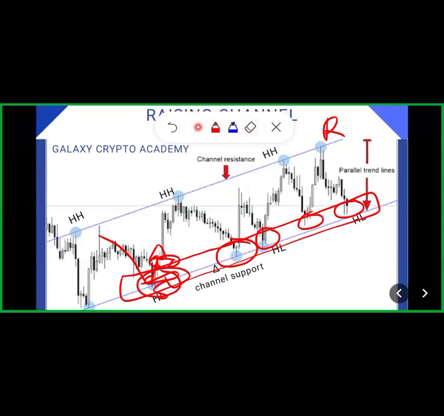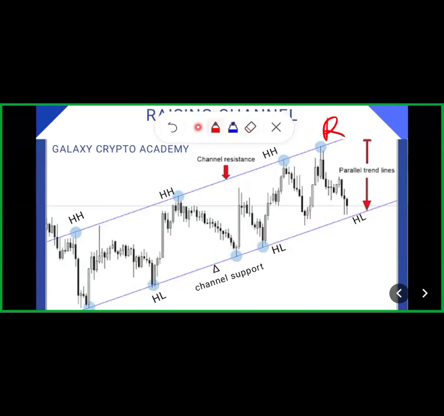Like for example, if you check here, this was confirmed by the formation of that hammer candle. So it gives you confidence. Okay, the price, this should be, it is not, but should be a reversal point. It should be the end of this movement that I was seeing, that downtrend movement.